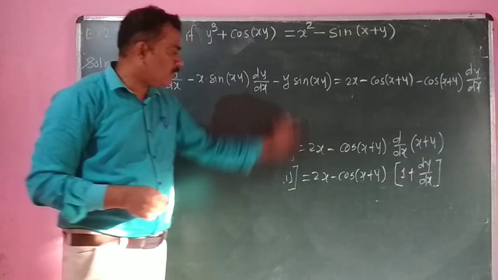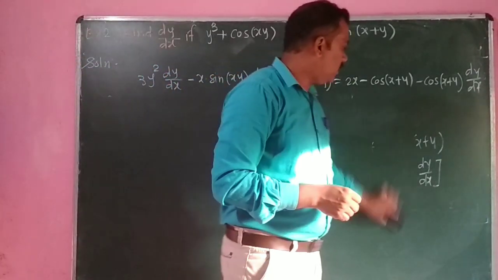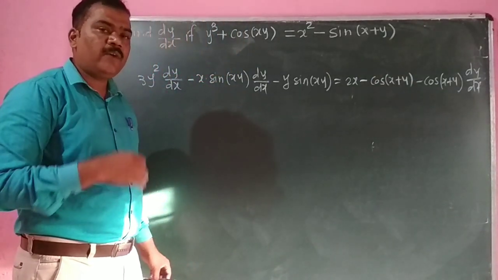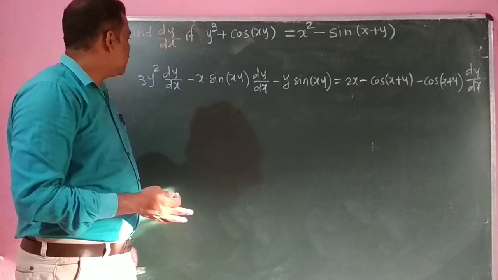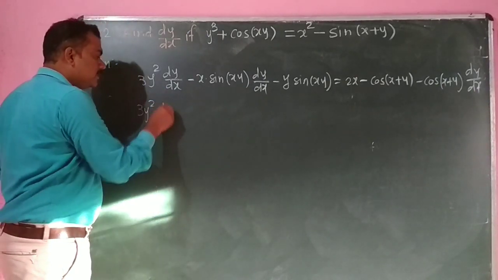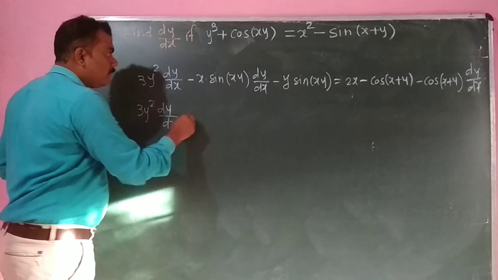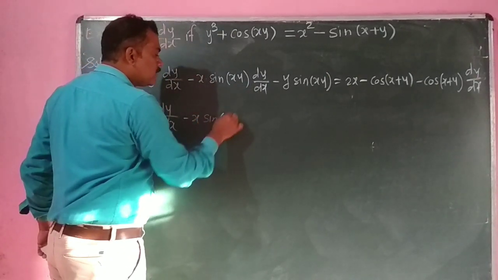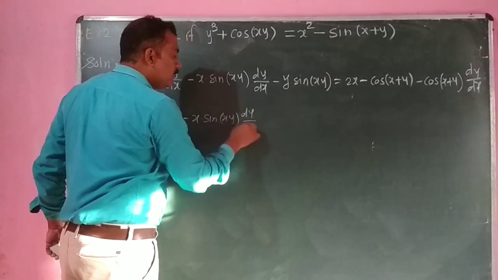In the second step, what we have to do is take all the terms which contain dy by dx on the LHS and non dy by dx terms on the RHS, so 3y square dy by dx keep as it is, minus this term as it is, x sine of xy dy by dx.